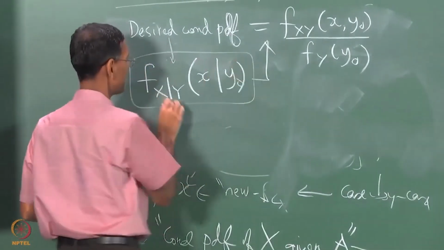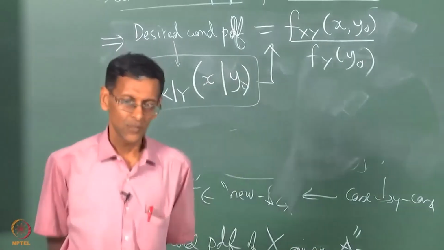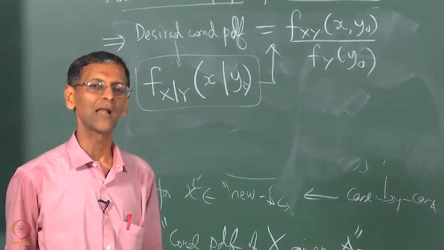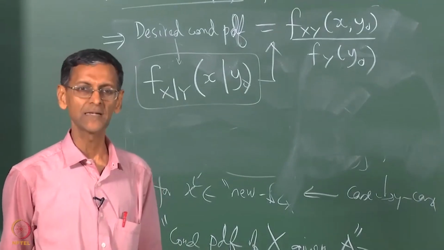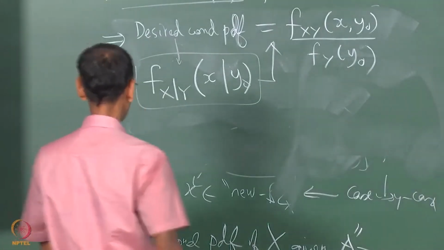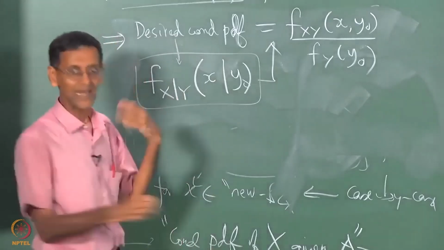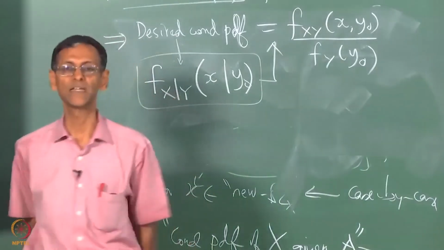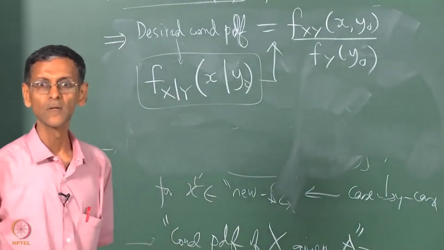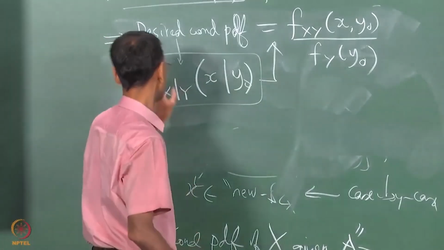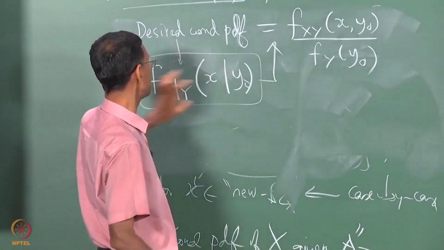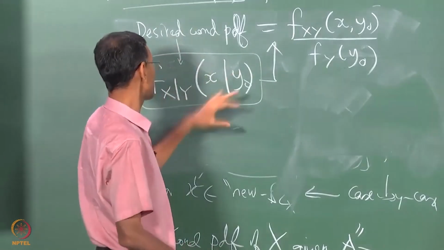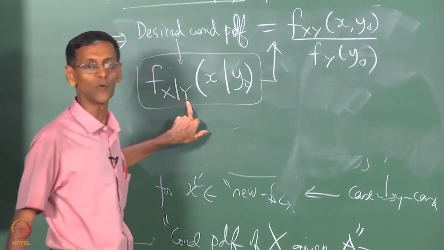So, is this notation clear? X given y, because the conditioning event y equal to y naught happens so frequently in practice, for that kind of conditioning we write it like this, x given y. It means that this whole thing is a conditional PDF, assuming some given value of y.